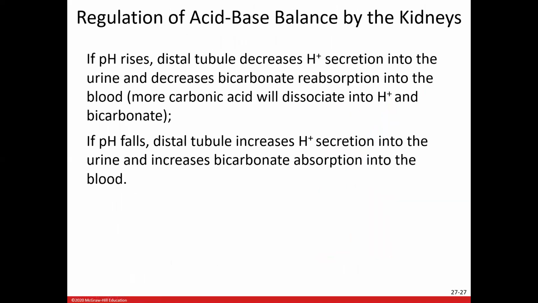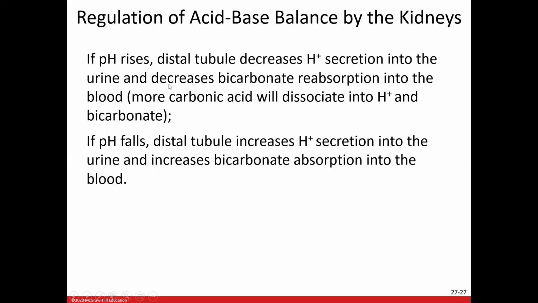So last mechanism is by the kidneys. And much like with your lungs, you can have situations where the pH is getting too high or the pH is getting too low. So when the pH rises, meaning that it's getting too basic, your distal tubule of the nephron of the kidney is going to lower the amount of hydrogen ion secretion into the urine, meaning we're going to reabsorb more of those hydrogen ions and keep them in the blood.